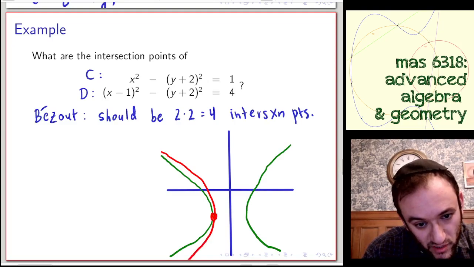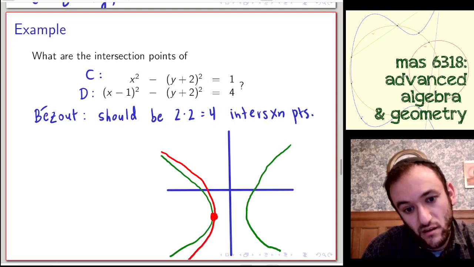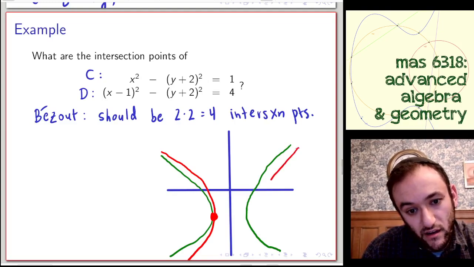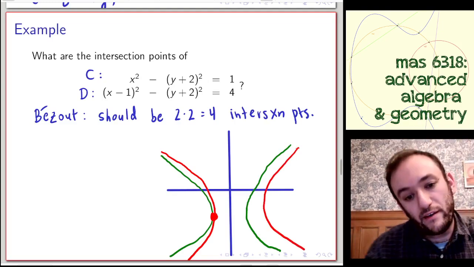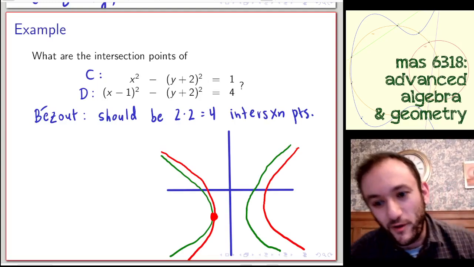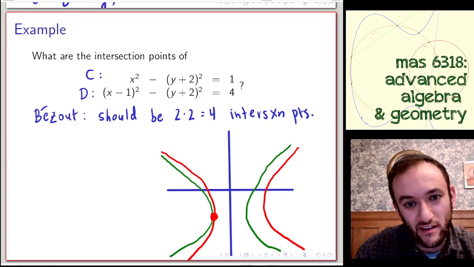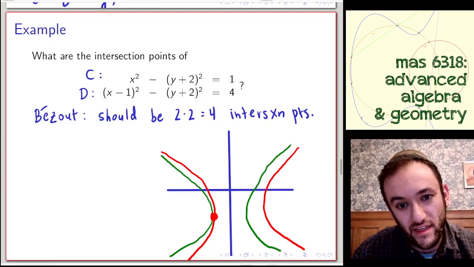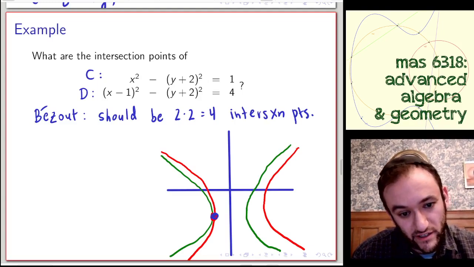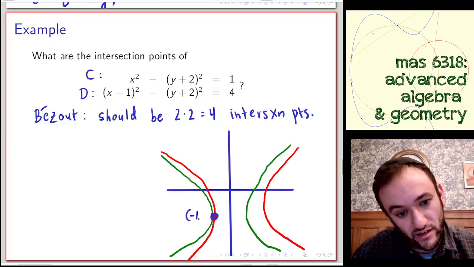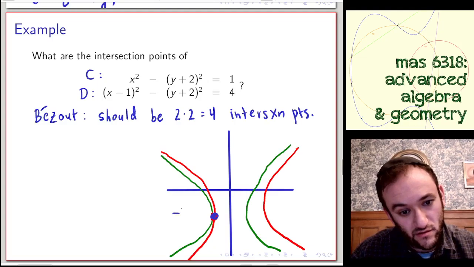Okay, there should be a tangency here, and then we get this part of the curve here. You'll pardon the quality of the drawing, but the general point should be apparent that in terms of real intersection points, this is it. It's the point (minus 1, minus 2).